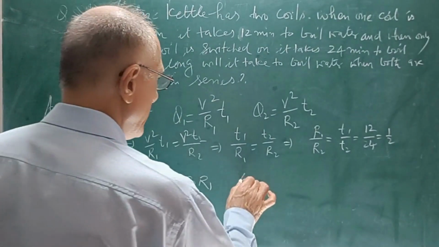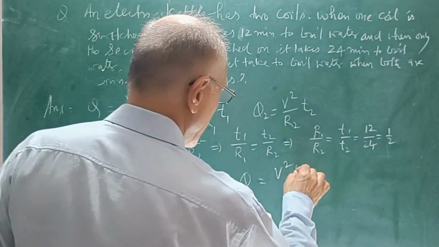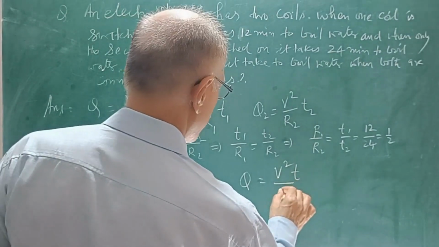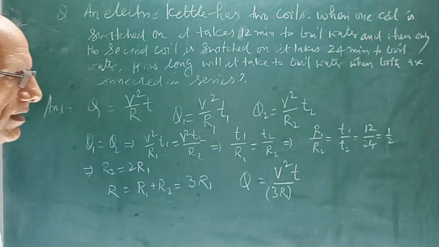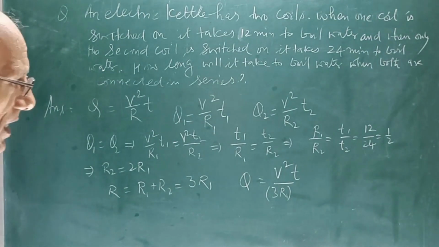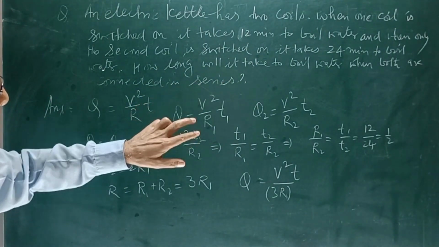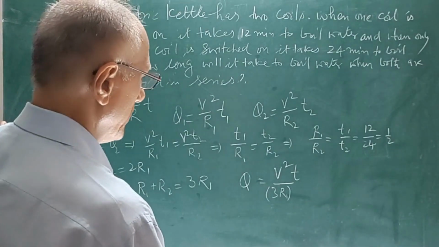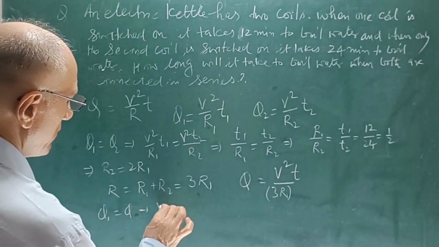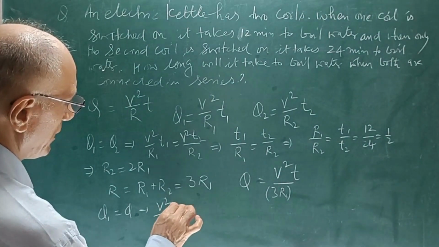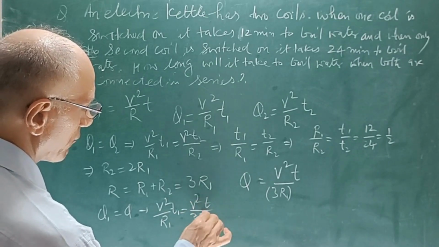So in that case, the heat generated will be, same source is there, the time we have to find, and we have the resistance 3R1. This heat is the same as that of Q1 as well as Q2, so we can relate it with Q1. So Q1 is equal to Q, that means V square by R1 T1 equals V square by T into 3R1.